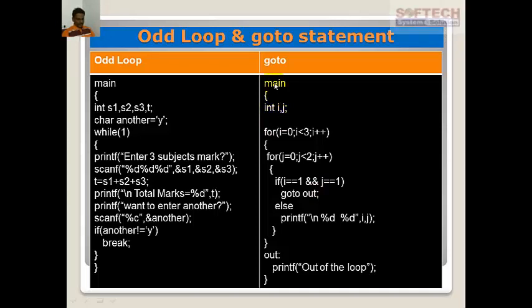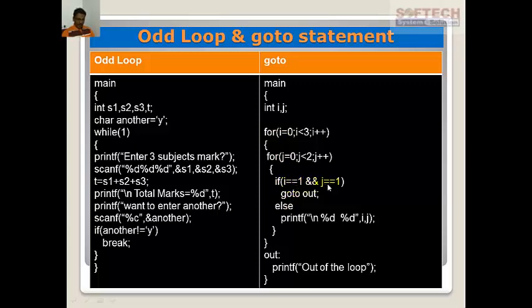Now we see an example program. Integer i, j; for i equal to 0, i less than 3, i plus plus; for j equal to 0, j less than 2, j plus plus; if i equal to 1 and j equal to 1. Here the i value is 0, j value is also 0. 0 equal to 1, condition false.